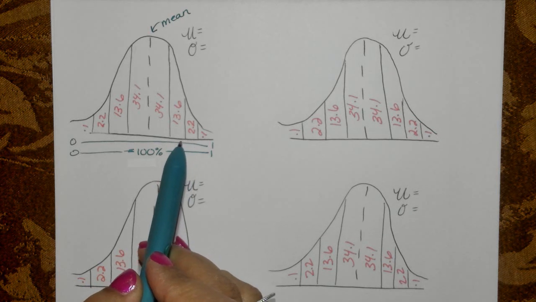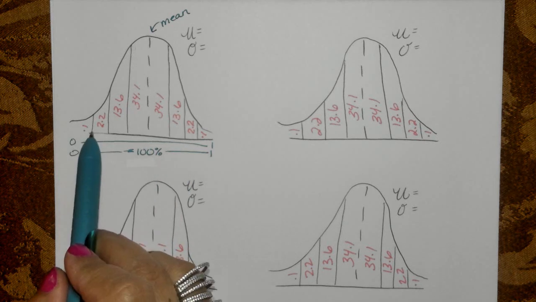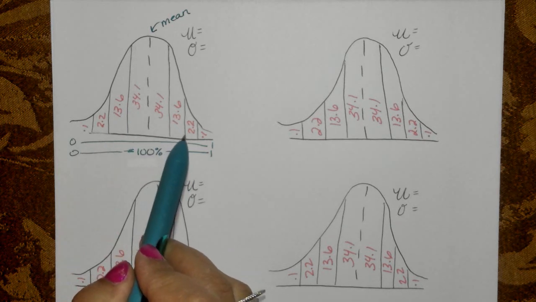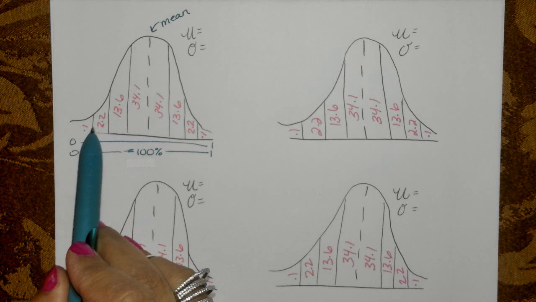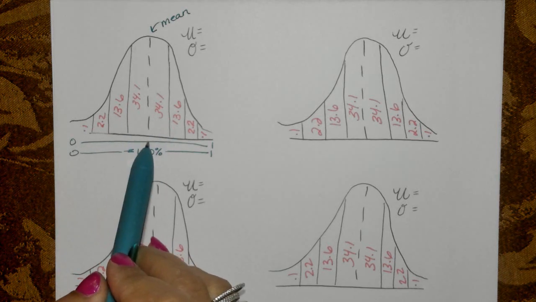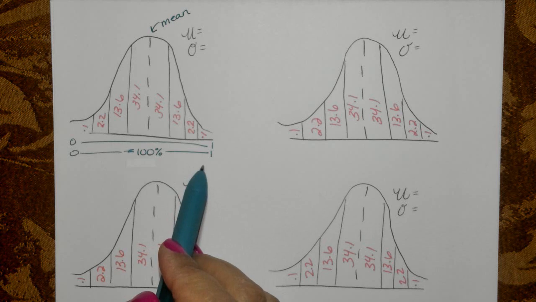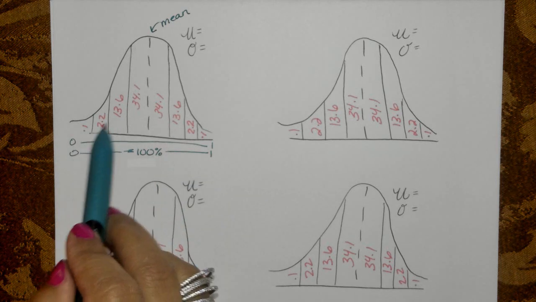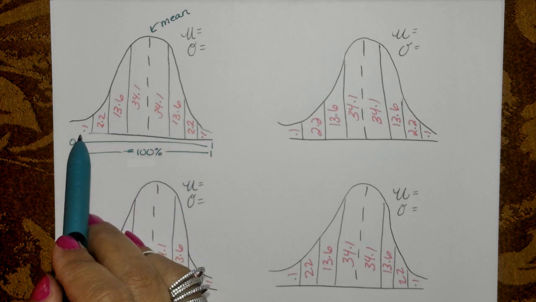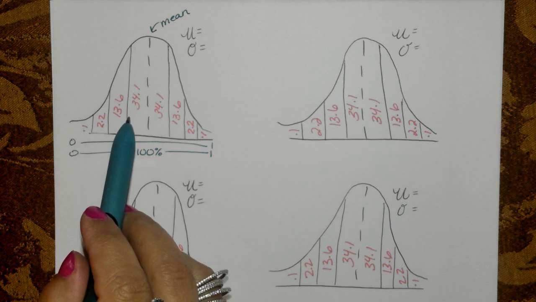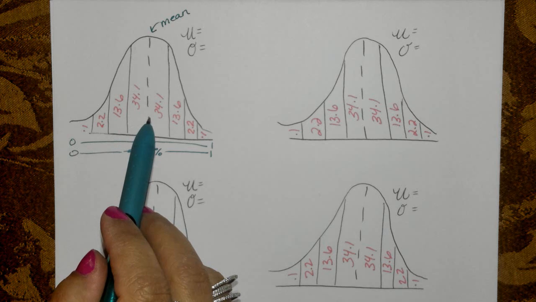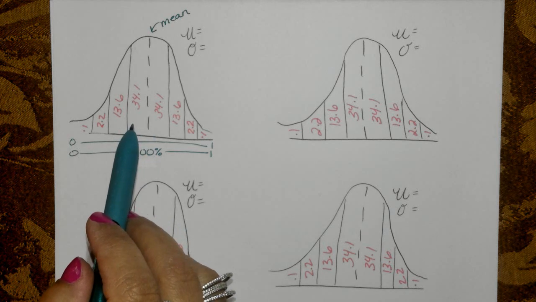And with the normal distribution, they assign percentages, probabilities, to each interval. Okay? So the entire curve is 100%. These probabilities will never change in a normal distribution. The first standard deviation will always be 34.1.